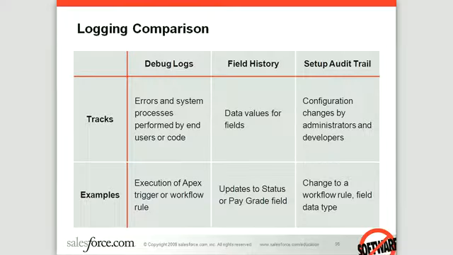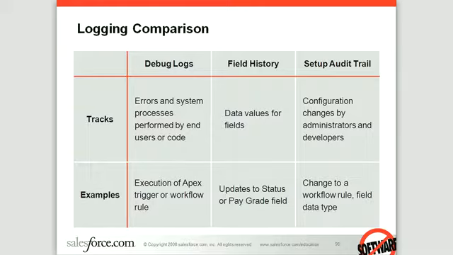They're primarily used for figuring out why something is broken or why it is happening a way different than I thought it would. An example is when your Apex trigger or workflow rules are behaving poorly and you want to figure out why. Field history tracking is for application data, being able to see the previous data, who set it and when. So primarily, who changed what, when did they do it, and what did they set it to.